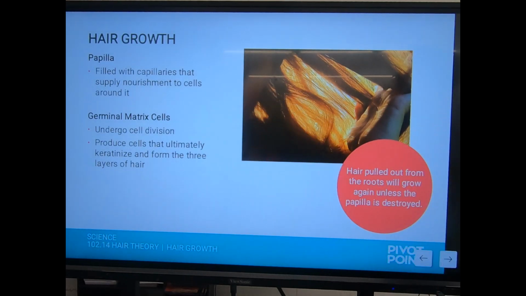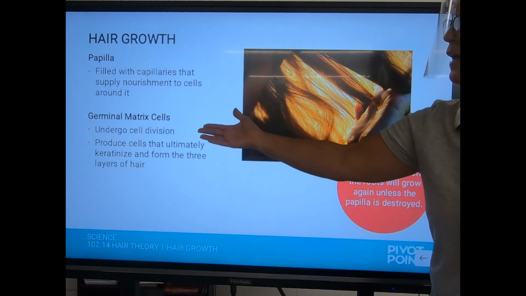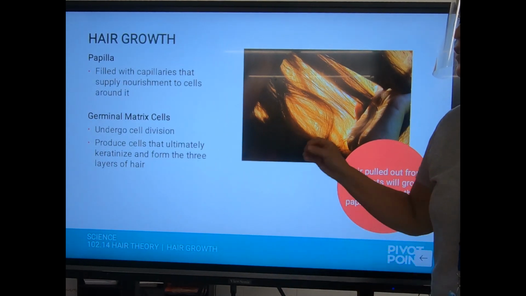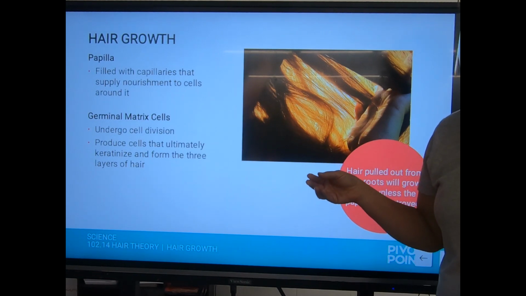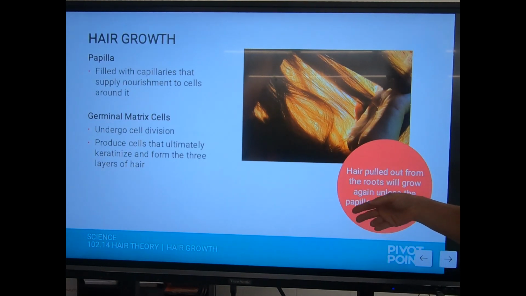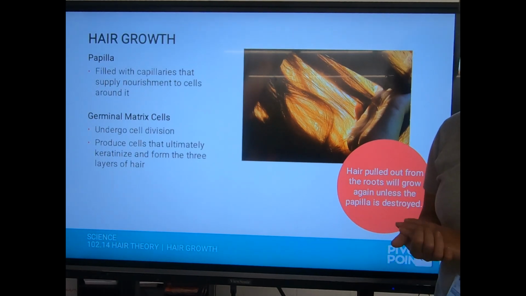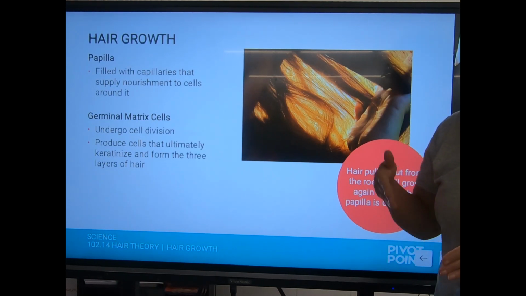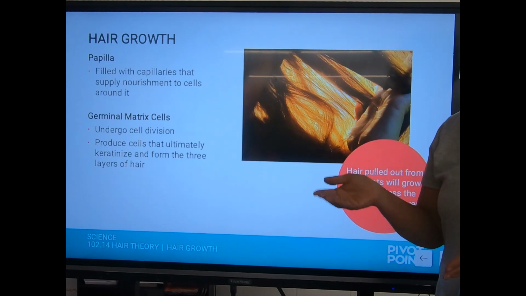The papilla, filled with capillaries that supply nourishment to cells around it. And the germinal matrix cells, those are in the bulb. And that is what ultimately produces our 3 layers of hair. All right, if you pull hair out from the roots, it will grow again unless the papilla is destroyed. So remember, if I'm trying to get rid of excess hair, I'm going to have electrolysis done, zap my papilla with electricity, kill it, and then no more hair will grow.